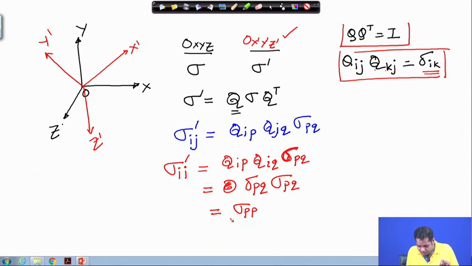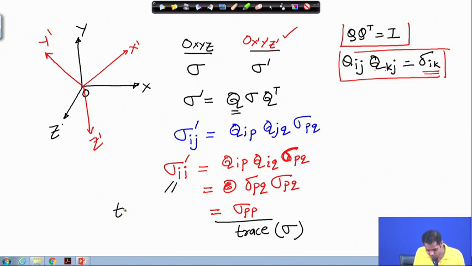You see, so what is this? This is the trace of sigma, isn't it? And this is equal to the trace of sigma prime, right.